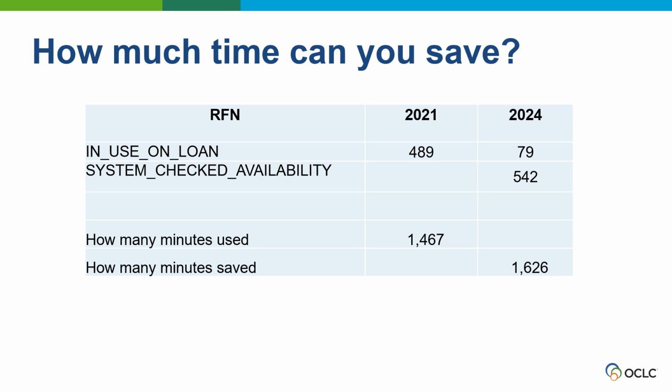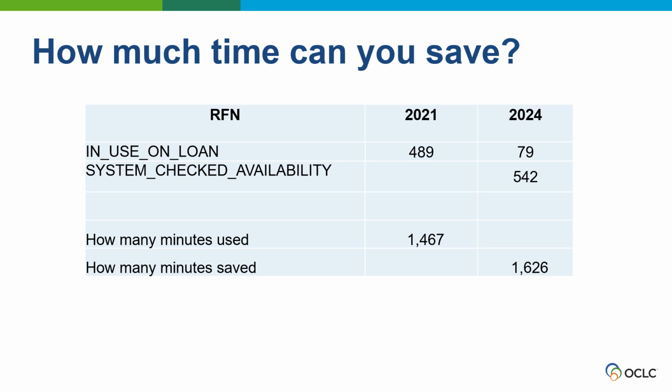So how much time can you save? Again, we did an analysis of a library that implemented RTA. Back in 2021, they responded in use on loan 480 times in just one month. Once they implemented RTA, that number dropped down to 79, and they had 542 system checked availability reasons.